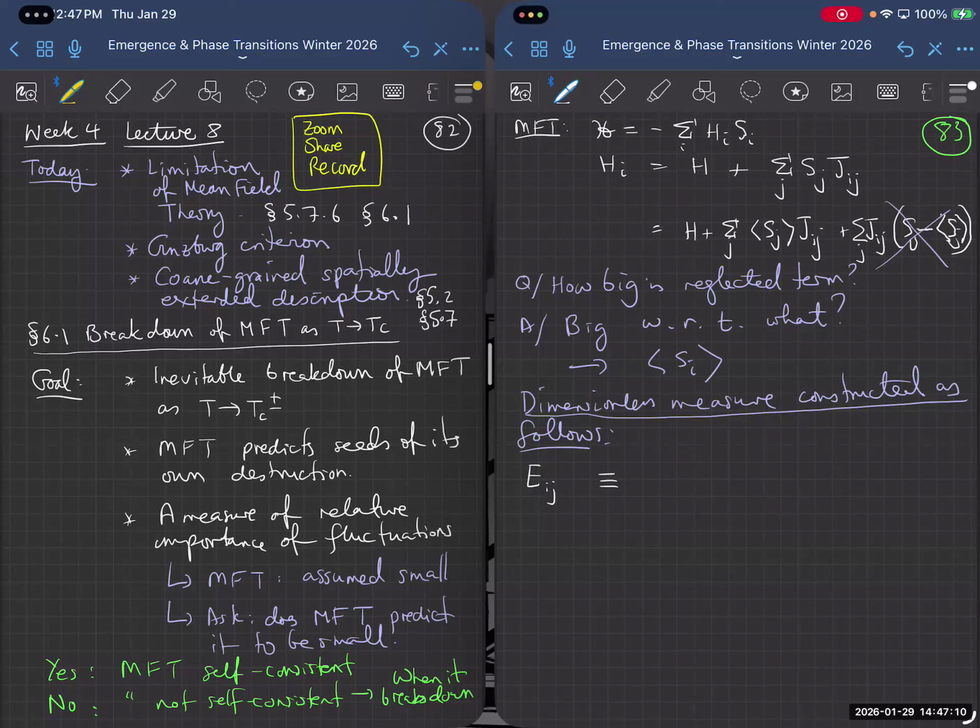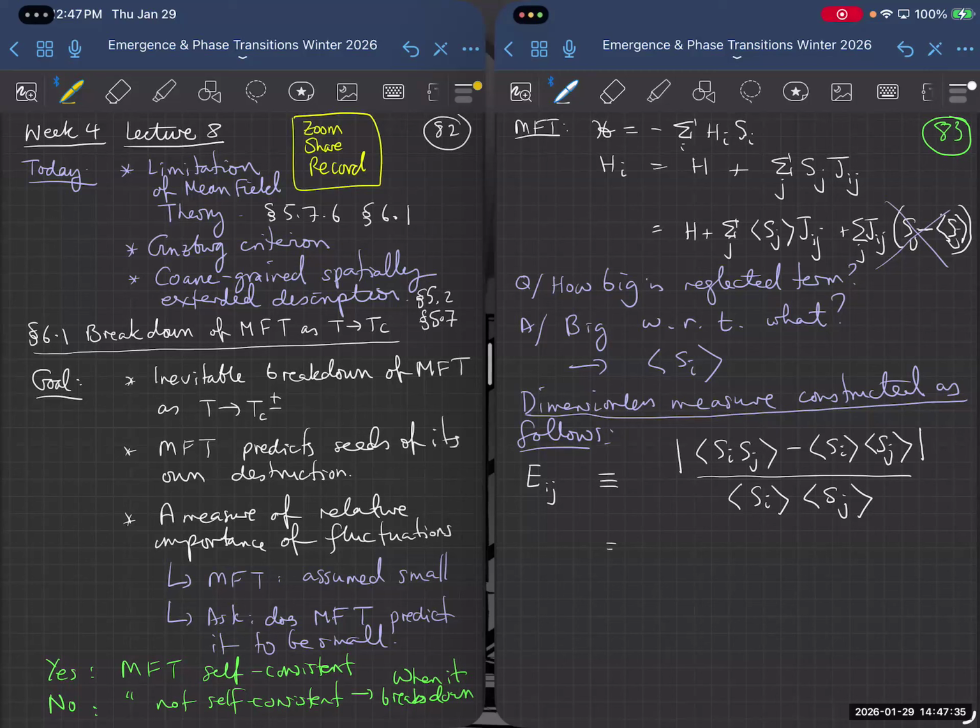We're going to write it like this: the average of s_i s_j, minus the average of s_i times the average of s_j, and I'm going to look at that thing divided by the average of s_i times the average of s_j. Okay, so that is one possible way to construct this object.